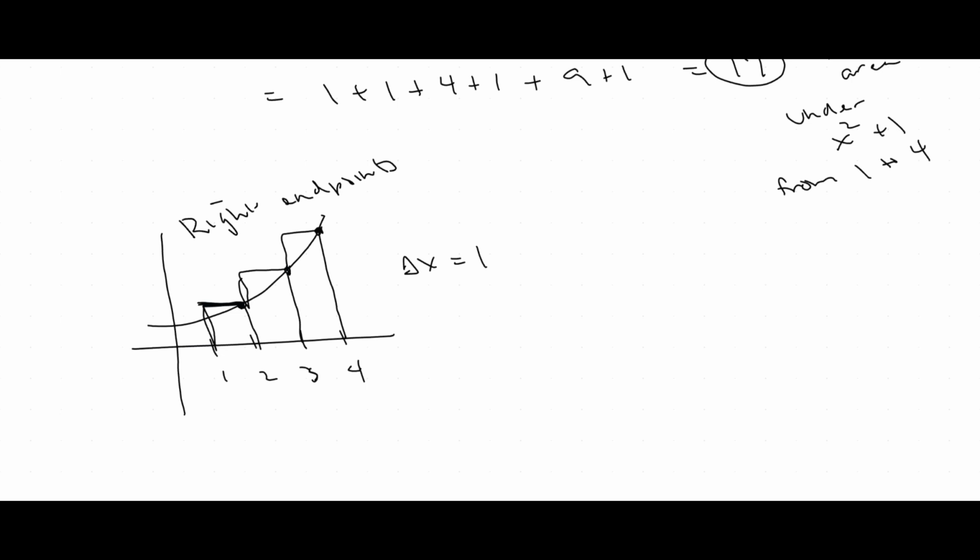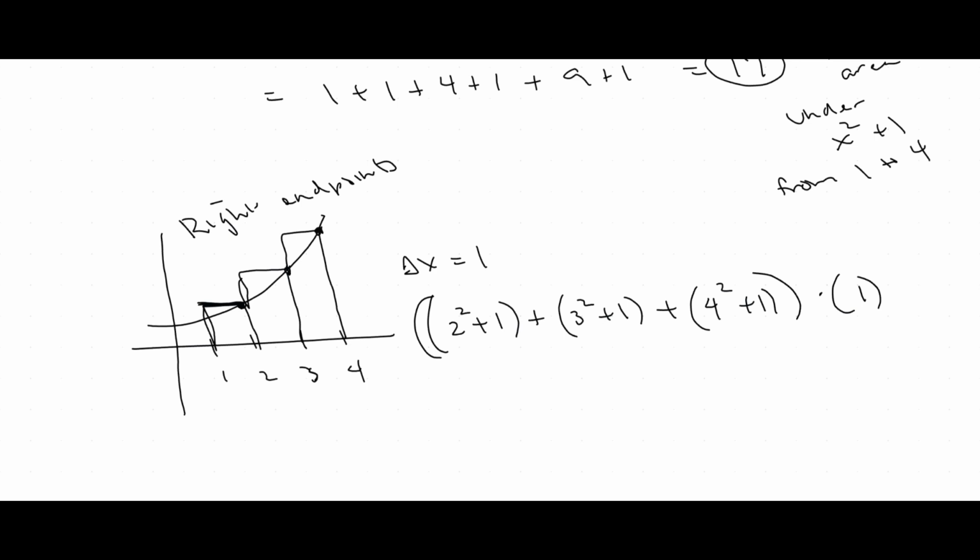So now I would plug into my function 2 squared plus 1, and then plus the 3 squared plus 1, and then plus I end with my right endpoint. And then all that times the width of the rectangle, which is just going to be 1, so it doesn't really matter. So that's 4 plus 1 plus 9 plus 1 plus 16 plus 1.